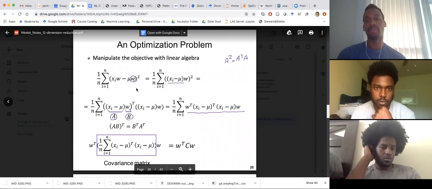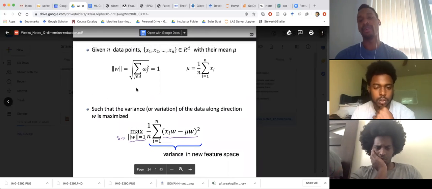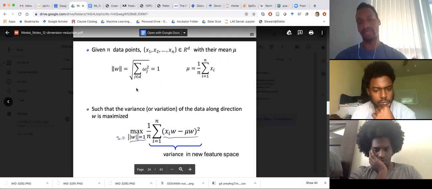So how you would read this equation is: find W that maximizes the expression inside the max such that the norm of W is equal to 1. So that's what this says in words.